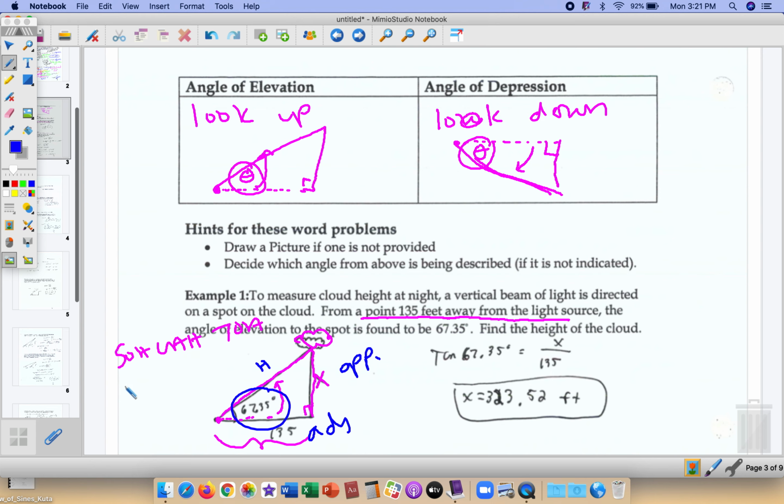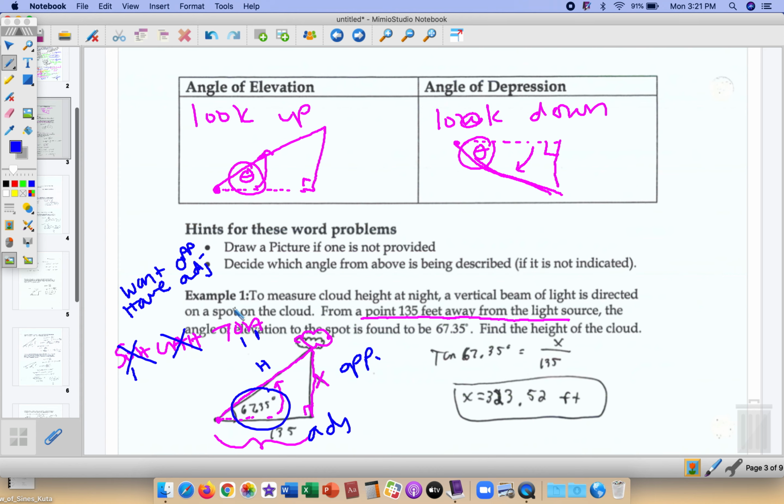So what we want is the opposite. So if we want the O, we need to also pick something that we have. We have an A, adjacent. So if we want O, we want to go with either this one or this one. So we're not going to go with that if we want O. If we have an adjacent, we're going to need to go with tan for this problem right now.